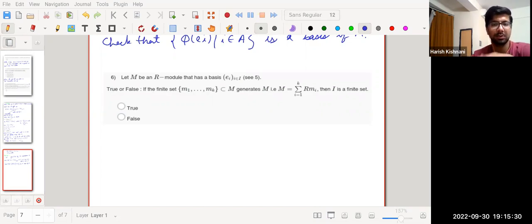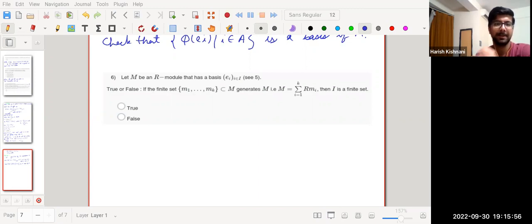Okay, so what can you say about it? So M is an R-module that has a basis E_i, and each element of M is generated by a finite set.